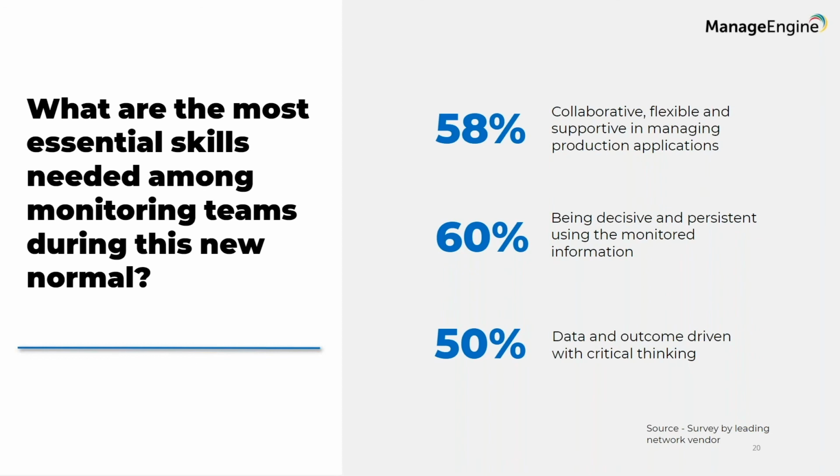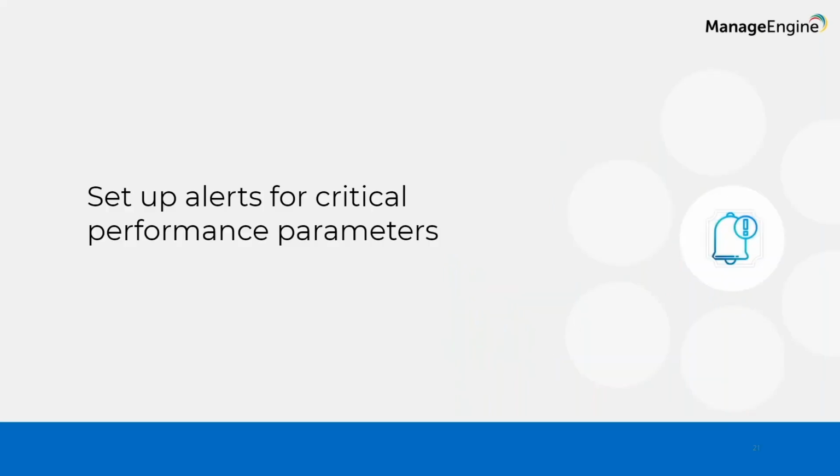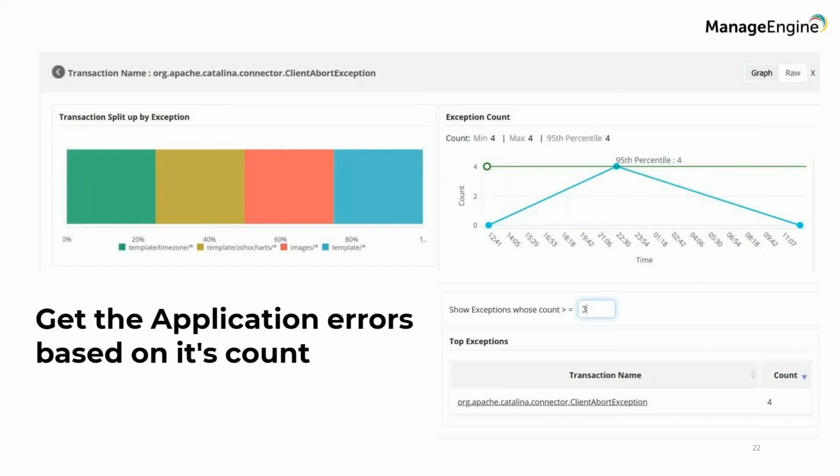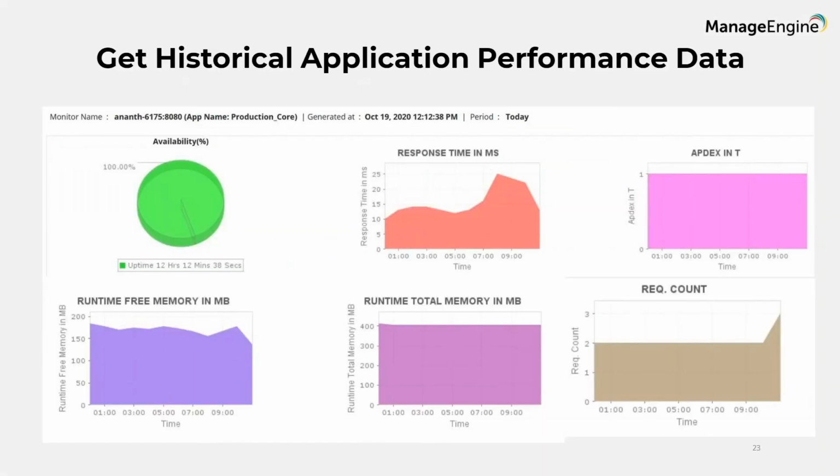So let's see how you can set up alerts for critical performance parameters. As I was saying, you can get the application error count from the exceptions tab. And key analysis of historical application performance data is required.